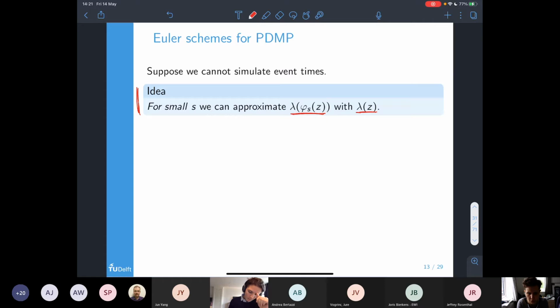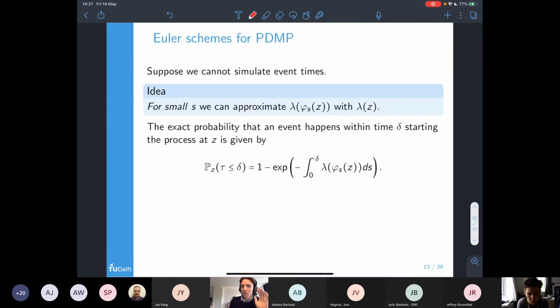And this seems reasonable to me, at least. And then once we do that, let's remember that the true probability of the next event time to be smaller than delta is given by this expression where delta appears here.